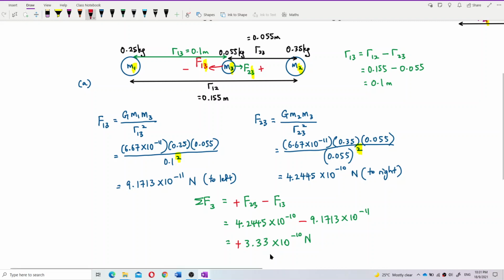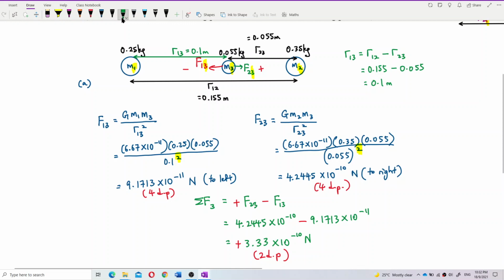So remember, in the process in between, you put 4 decimal place for accuracy. But the final answer should always put 2 decimal place only.